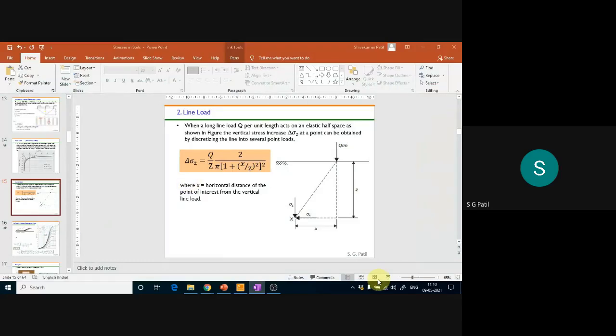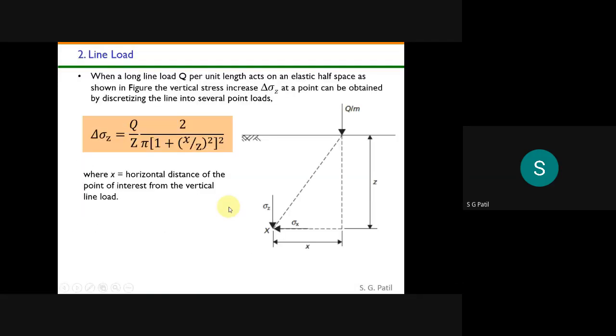Okay. So now we'll see the stress increase due to a line load. Suppose if you have a line load, then how to find out the delta sigma Z at this point, at point x?